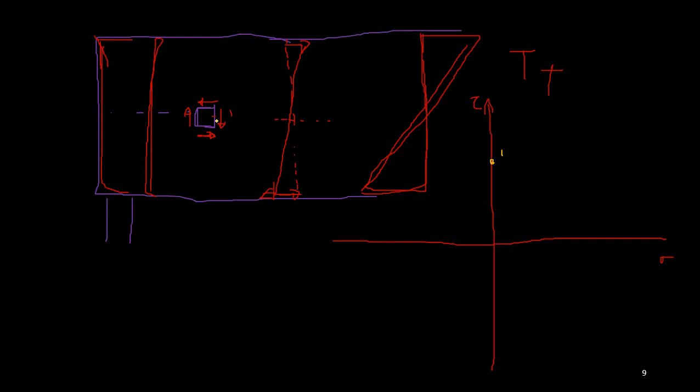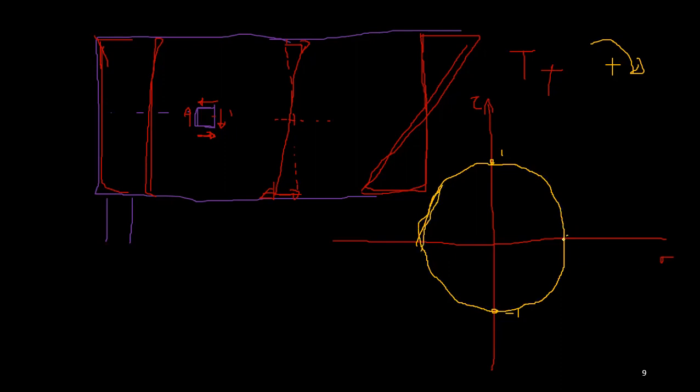So that brings you to this point. And here we call this clockwise shear positive. Okay, so this is anti-clockwise shear, and normal stress is again zero. So we can draw the Mohr circle.